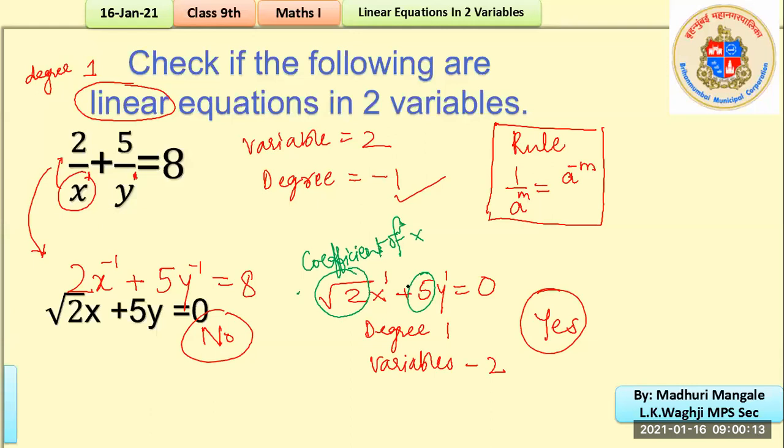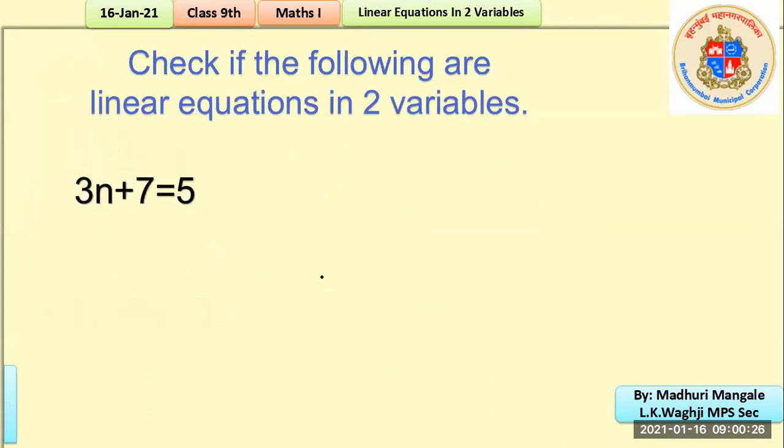But we have to be careful about the degree and the variables. The degree should be 1 and there should be two variables for the equation to be a linear equation in two variables. Let us look at another example. First you look at the degree, and second you look at the variables.